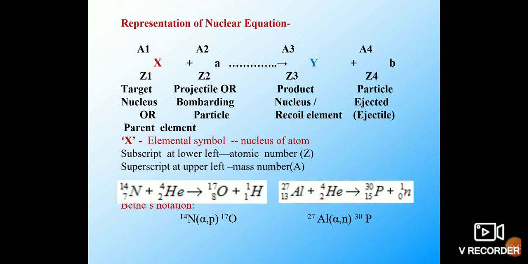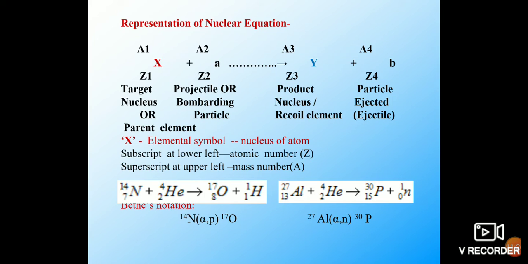Now see one example: the atomic nucleus of nitrogen with atomic number 7 and mass number 14 is bombarded with the projectile helium, 2He4. You will get the product nucleus oxygen with atomic number 8 and mass number 17, along with the ejectile, that is proton 1H1. This is an example of nuclear reactions.